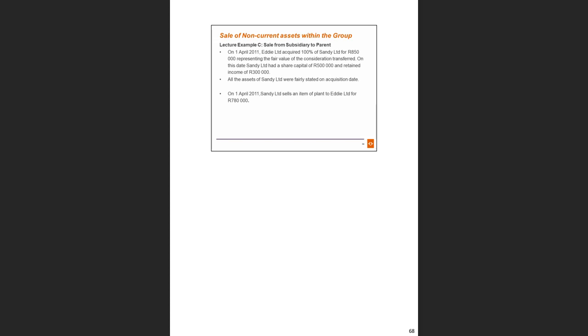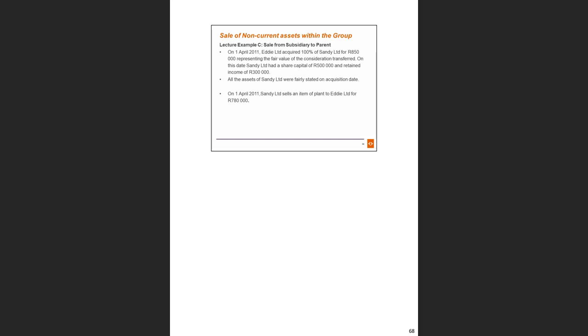Okay, don't be mad, there's just one example left. Okay, so here we have an example C where we have a sale from subsidiary to parent. On the 1st of April 2011, Eddie acquired 100% of Sandy for 850,000 Rand, representing the fair value of the consideration transferred.